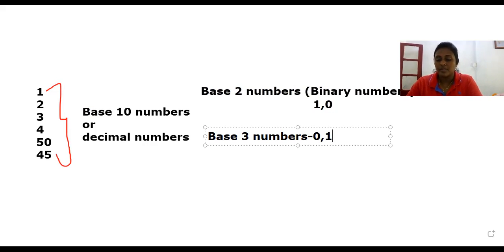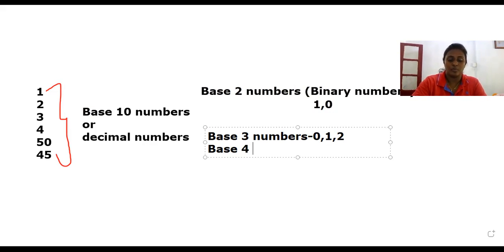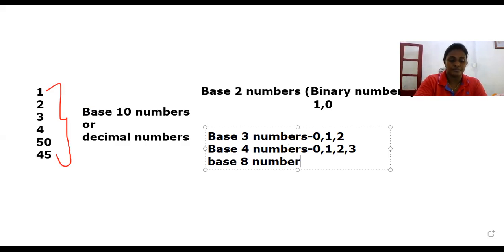Base 4 numbers have the digits 0, 1, 2, 3. Base 8 numbers have the digits 0 to 7: 0, 1, 2, 3, 4, 5, 6, 7.